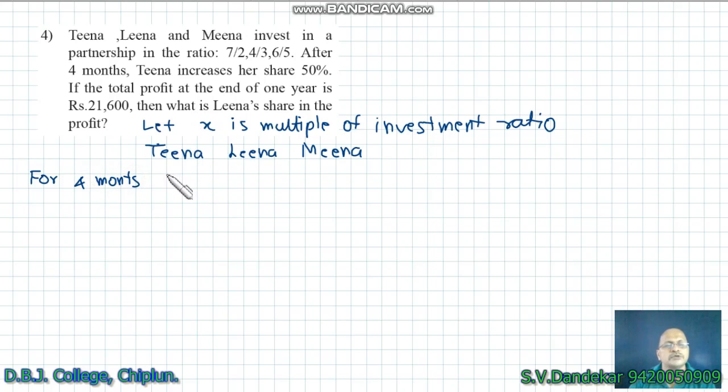Tina's investment is 7x upon 2, Lina's investment is 4x upon 3 and Meena's investment is 6x upon 5.